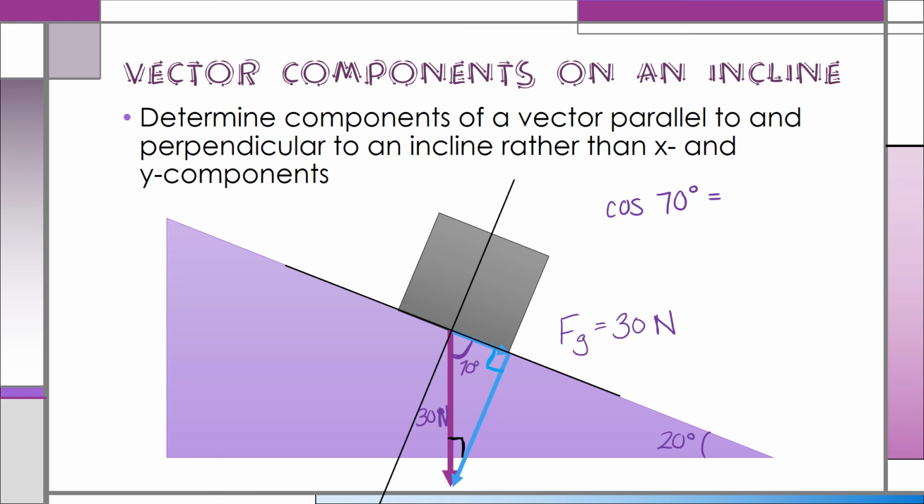I'm just going to use two lines to represent parallel. Let's make sure those lines are slanted, because if I make them straight, it may look like I'm writing an 11. So the parallel component divided by the hypotenuse, or 30 newtons. And then I could use the sine of 70 degrees to give me the component that is perpendicular to my ramp. Of course, do lots of practice with this in class.